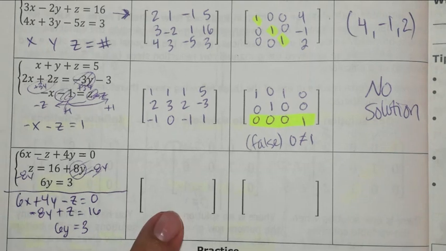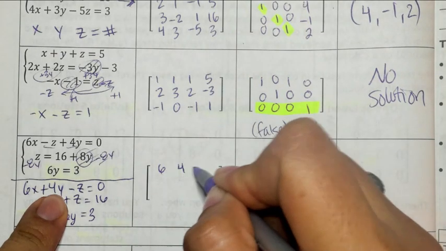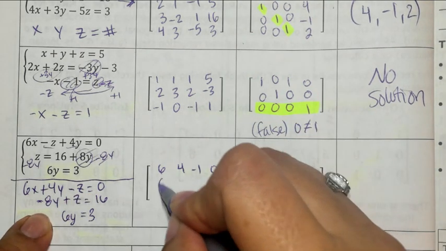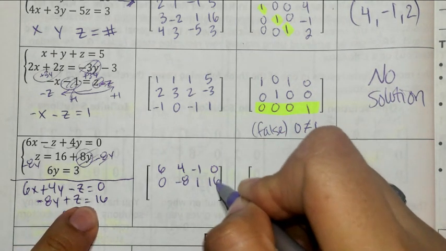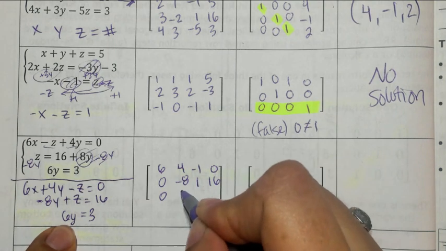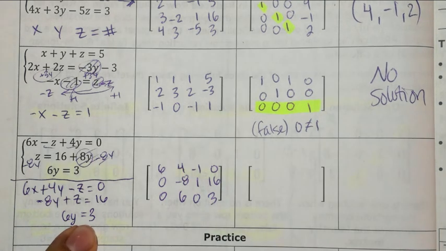So now let's turn that into a matrix. We have 6, 4, negative 1, 0. There's no x, so 0, negative 8, 1, 16. There's no x, so 0. There's a y, 6. There's no z, 0. And the number is 3.